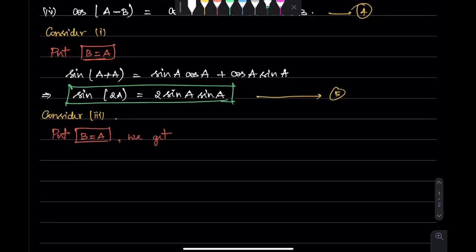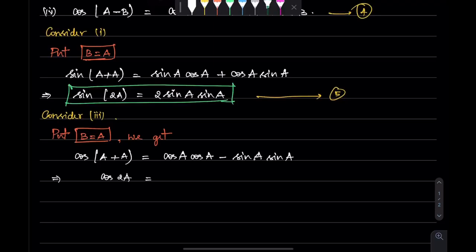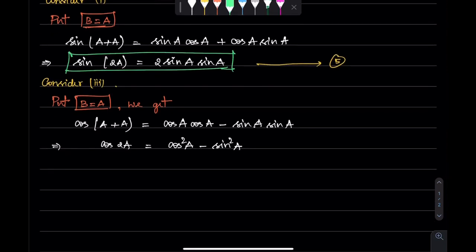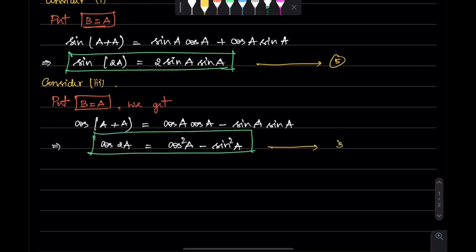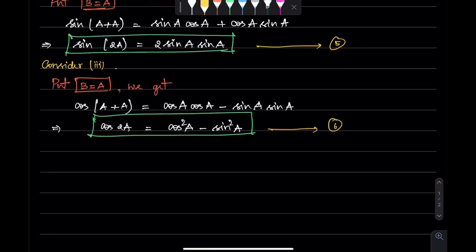Cos(a + a) is equal to cos a cos a minus sin a sin a. Very nice. So what is cos 2a? My cos 2a will be equal to cos² a minus sin² a. Fine, so this is another result. Now I name this as 6. Good. Now what do I get next?